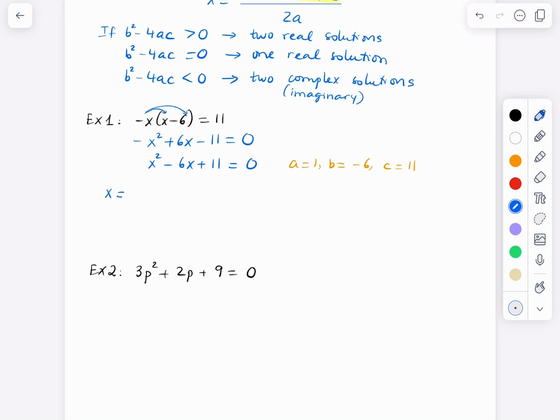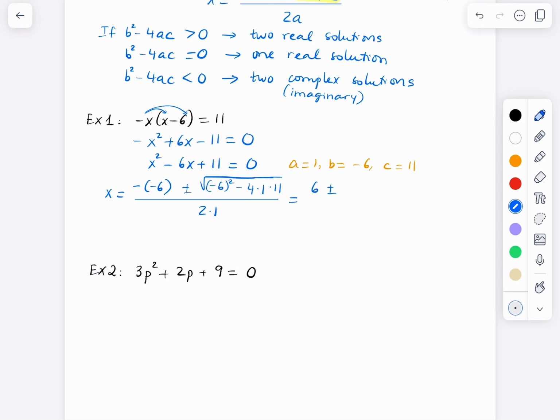So x is equal to negative b, which is negative 6, plus or minus square root of b squared minus 4 times a times c all over 2a. Okay, so simplifying, two negatives make a positive.